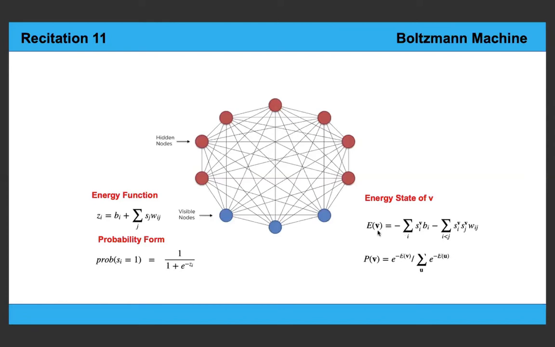Similar to the Hopfield network, there is also an energy term. This is the energy function for the Boltzmann machine, and we want to make it as low as possible.